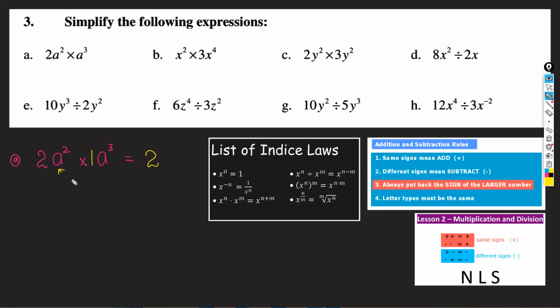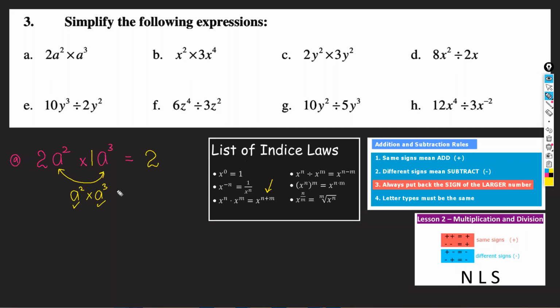What's next on the list? The letters. Now, you're already seeing a squared multiplied by a to the power 3, which is this rule here. Remember last week when we were multiplying indices, if the bases were the same and it's a multiply, that means you can add the powers. Do not make the mistake and multiply the powers. As common sense will say, hey, we're multiplying the bases, so let's multiply the powers.